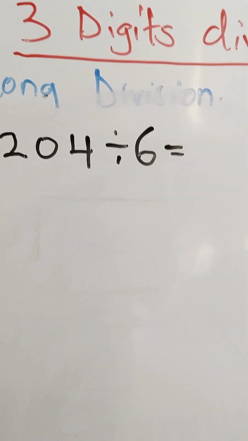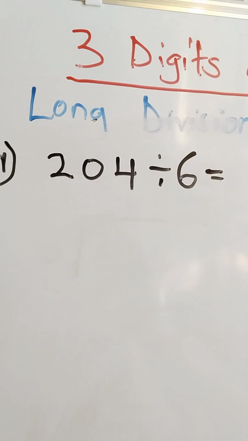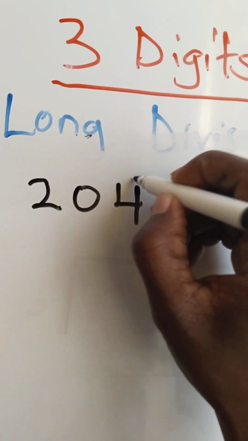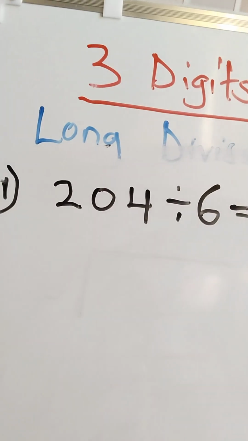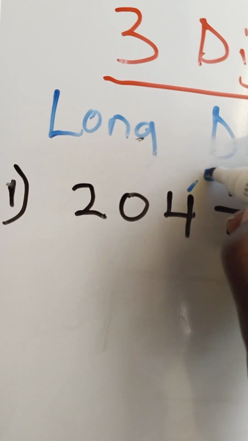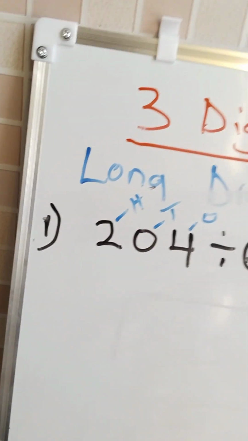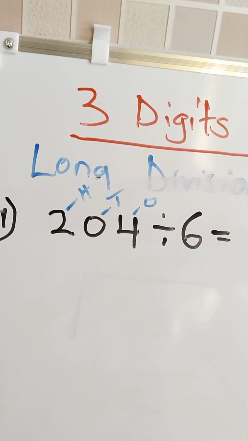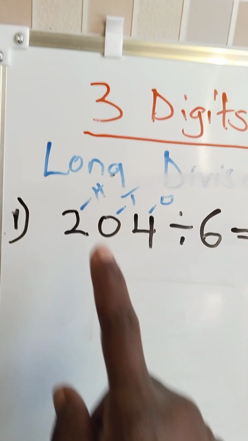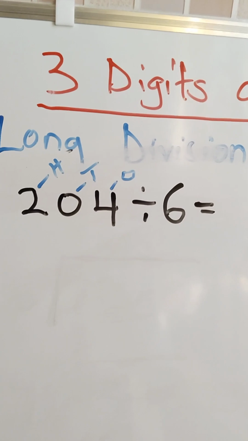So what will you do? We said if we see a 3-digit number, we know there are ones, tens, and hundreds in those numbers. So those are 3 digits, and for 3-digit numbers we use long division.